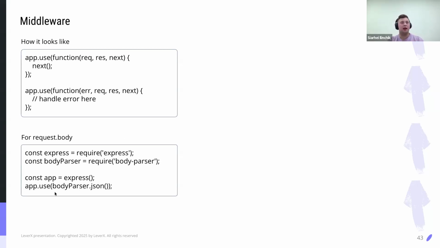So in this example, we are just creating the middleware, which is using body parser.json. And this function is actually a ready to use middleware, which was written for you by a very kind open source developer, like all JavaScript is.